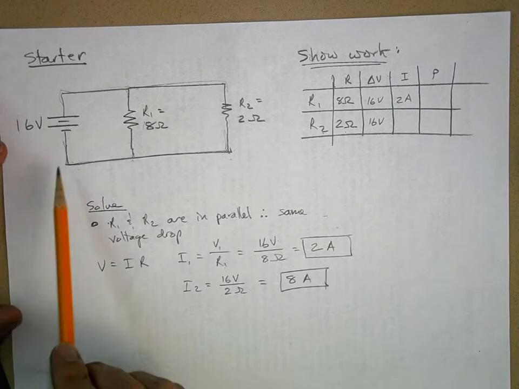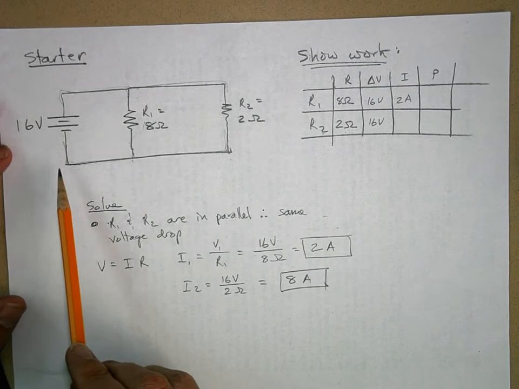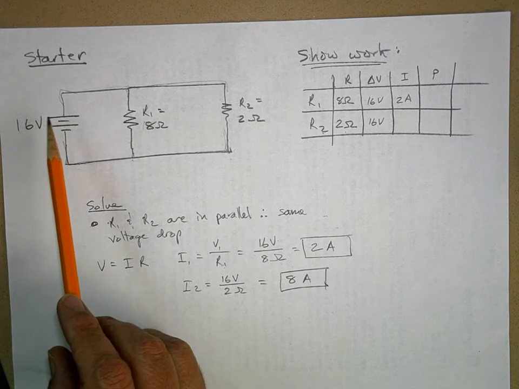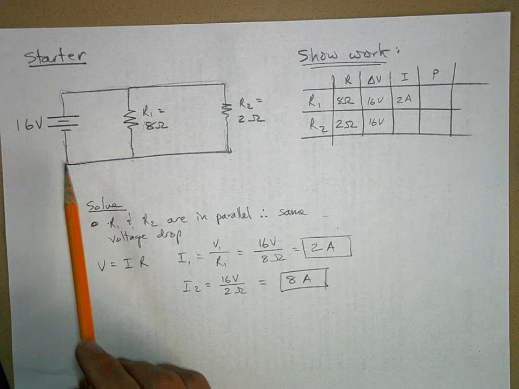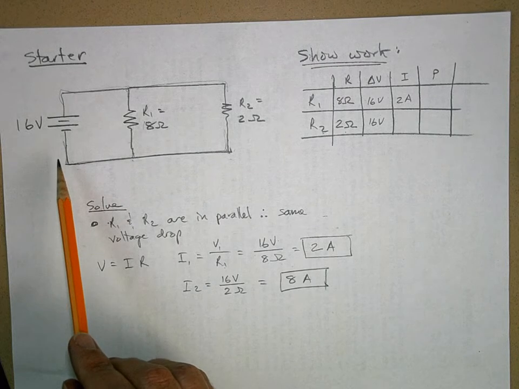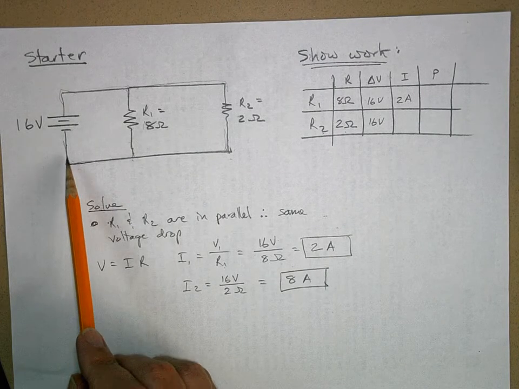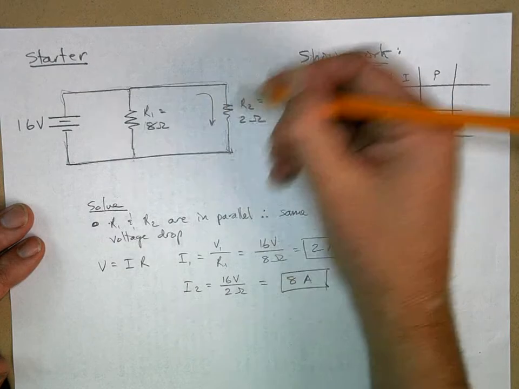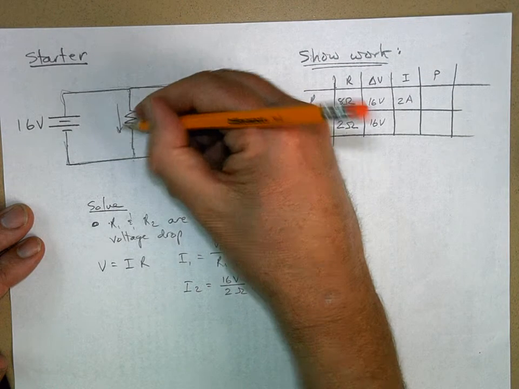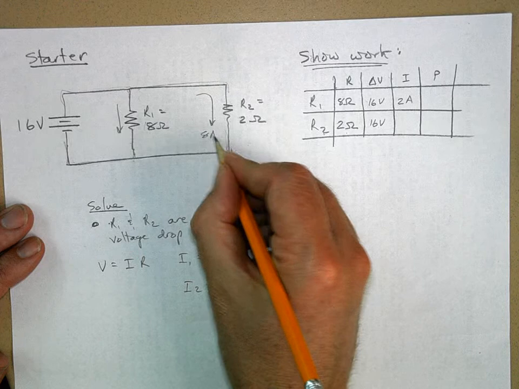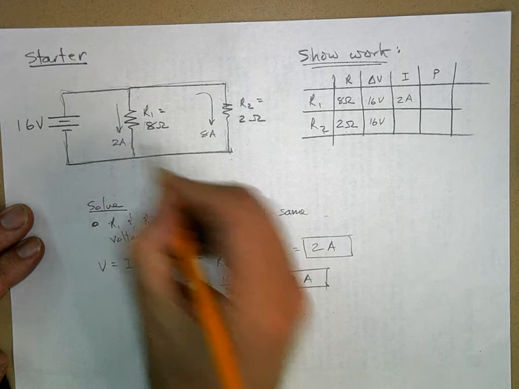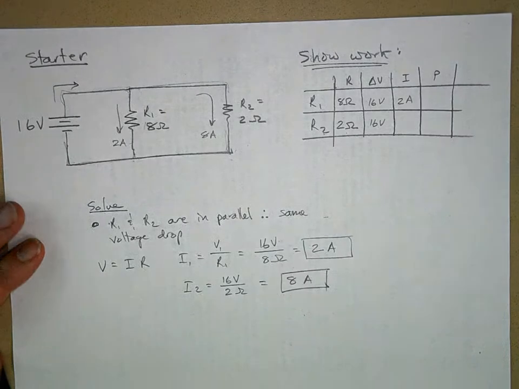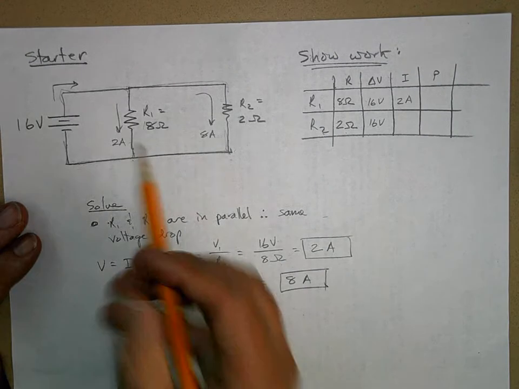Which means, how many amps is going through the battery? How many amps do you think will be going through the battery? I didn't ask that. Maybe I should. Well, if I've got 8 amps going through here, and I've got 2 amps going through here, I better be pushing out how many amps total? 10 amps.